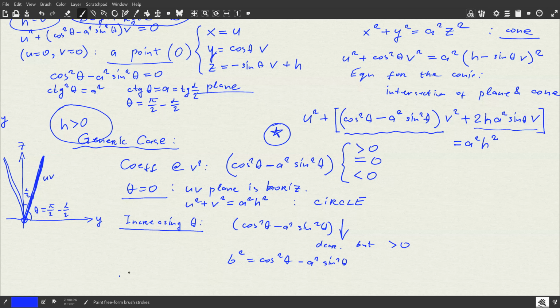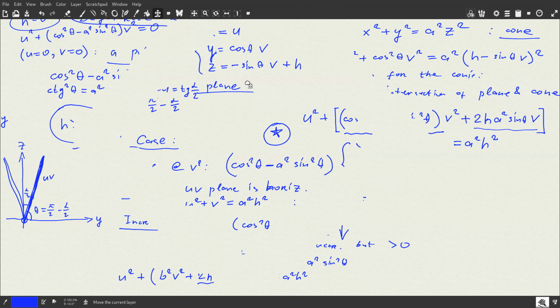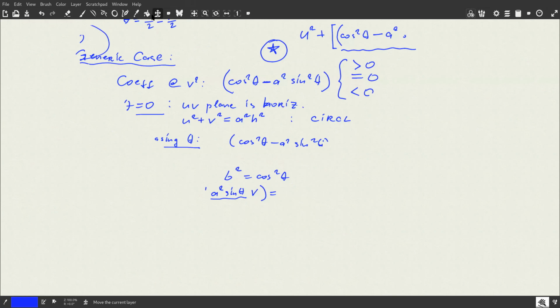Then our equation is u squared plus b squared v squared plus 2h a squared sine theta v equals a squared h squared. I want a linear transform. In this case, I only transform v in order to get rid of a linear term in v.